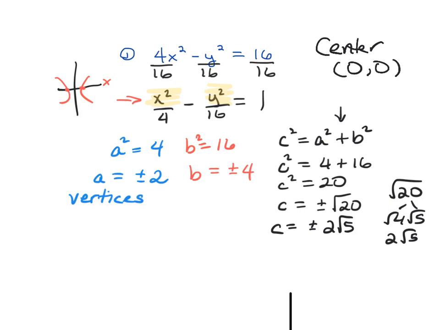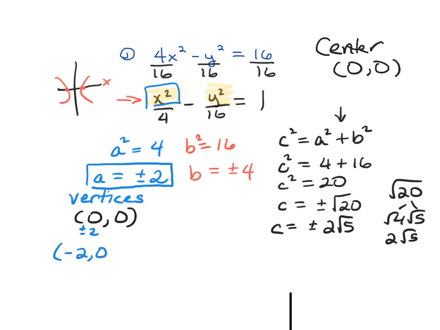Remember to find your vertices, you take the center point and add this a value to the first letter I saw up here. So I'm going to be adding and subtracting 2 to the x of my center. So my vertices are going to be -2, 0, and +2, 0.